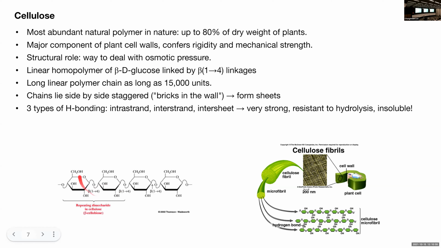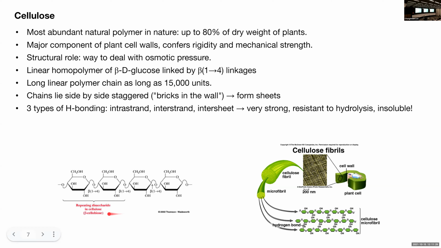You can see the linkage here, looking similar to glycogen or starch, but the only difference is that it has a beta linkage instead of an alpha linkage. It still uses glucose, and this can get as long as 15,000 units.